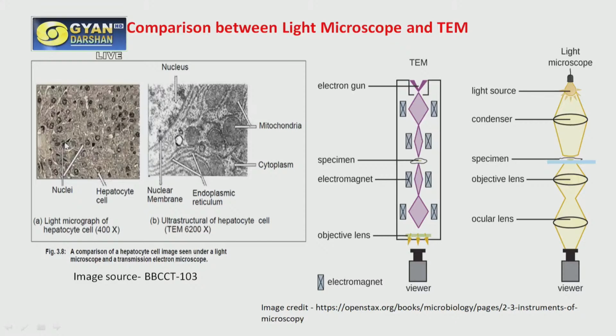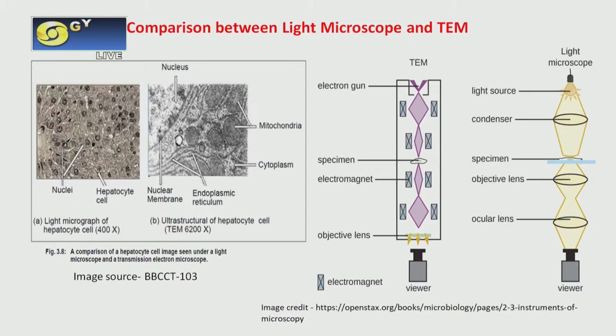This is the structure of the hepatocytes you can see here, at 400x magnification, and this is another image of the hepatocyte from the electron microscope. You can see the difference between both images. One is captured by the light microscope, another is the electron microscopic image.